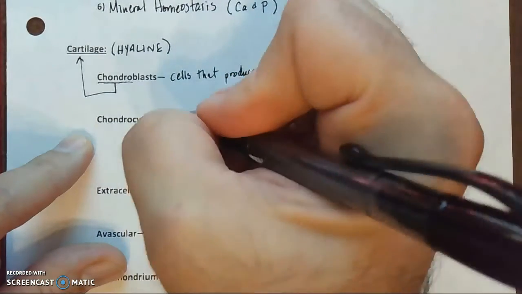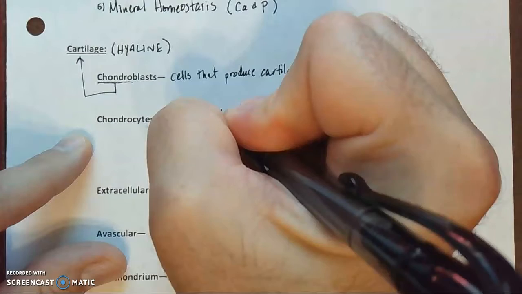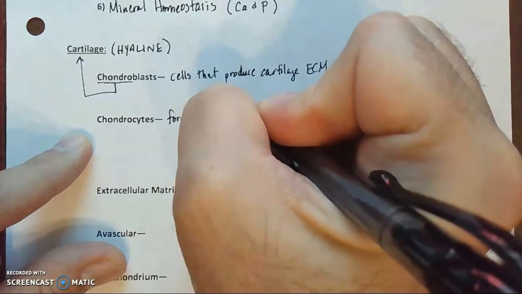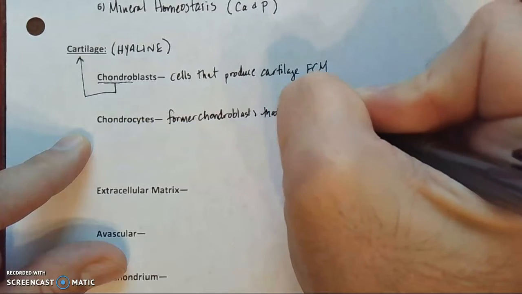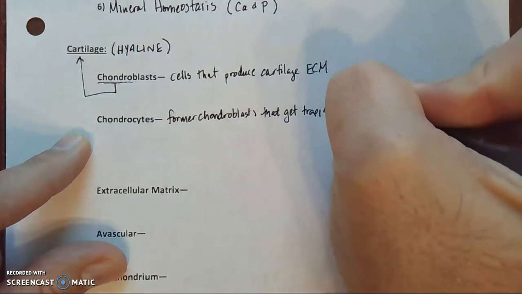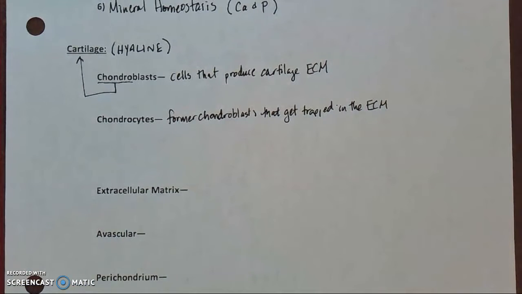Chondrocytes would be former chondroblasts that get trapped in the ECM. As the chondroblasts are producing this extracellular matrix, they actually get trapped within that, and they form like a little bubble in there, and they no longer secrete any ECM.